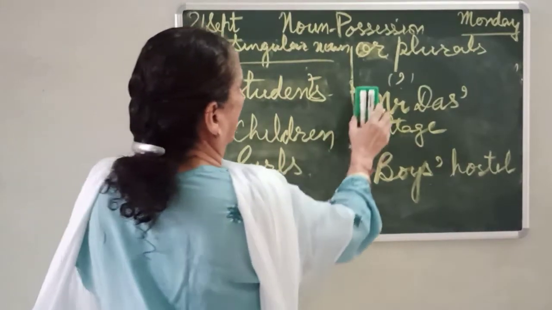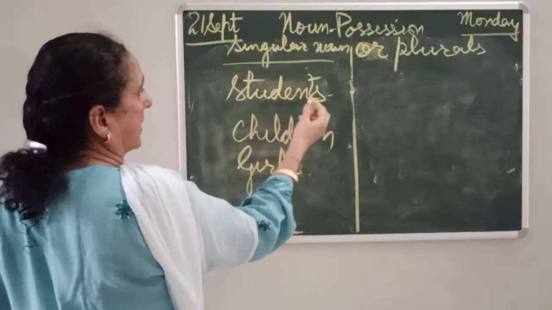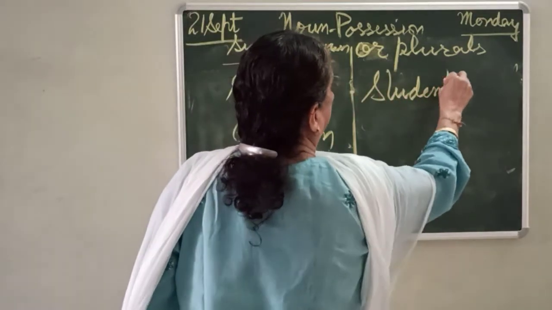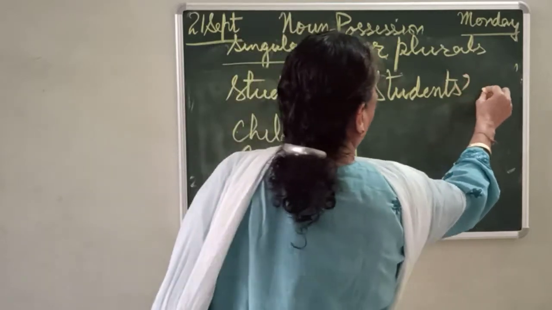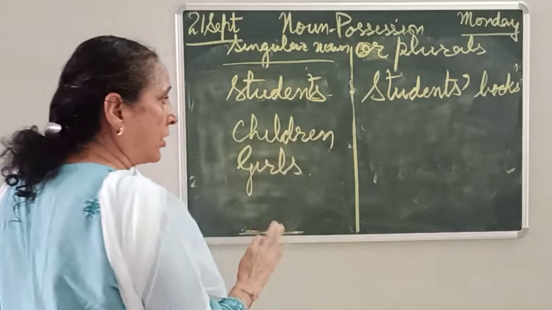In these plurals you are supposed to write only students', because s is already given. Students' books. It means these books belong to all the students.